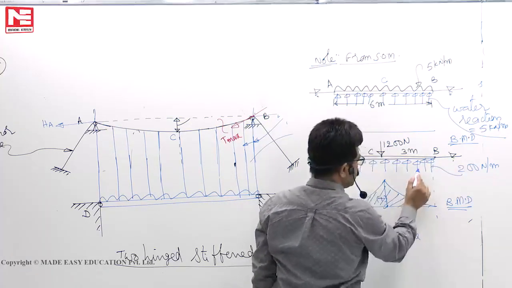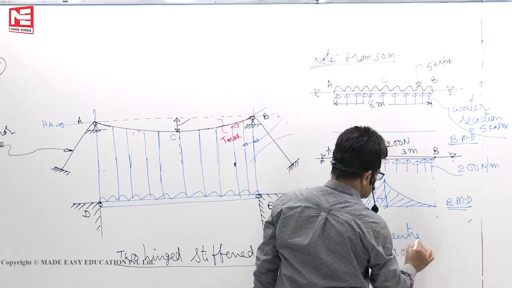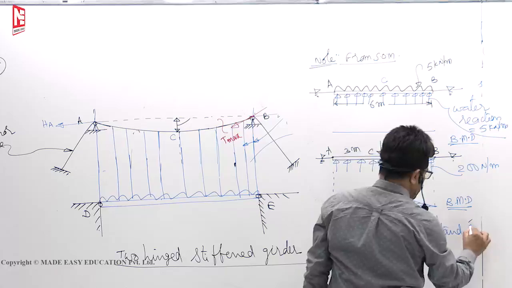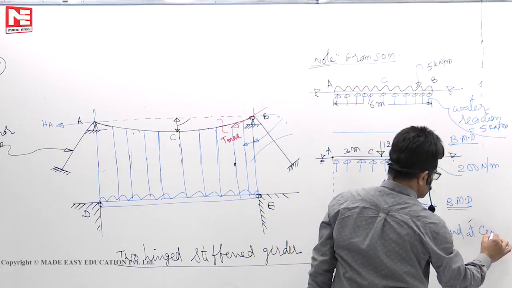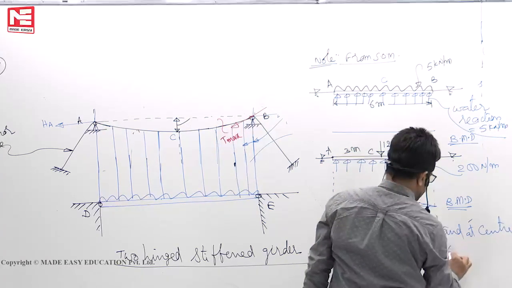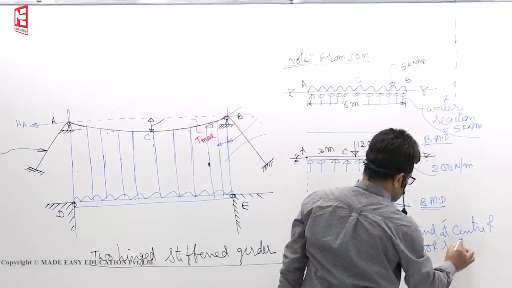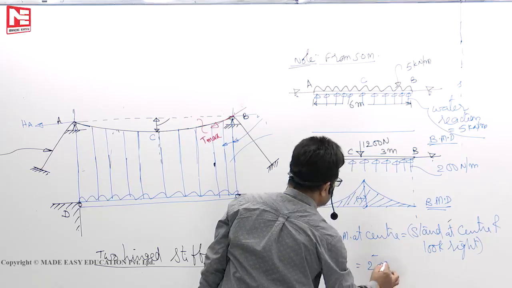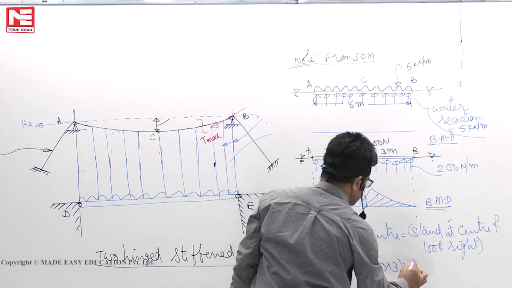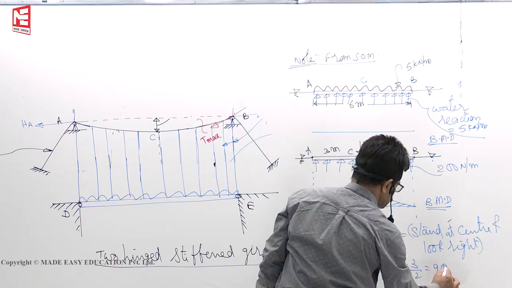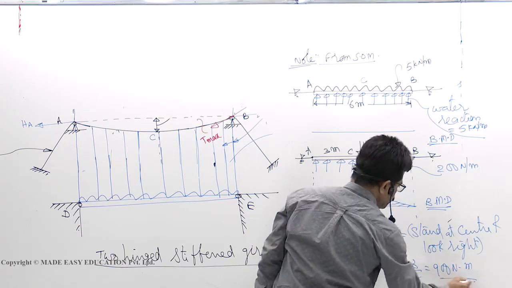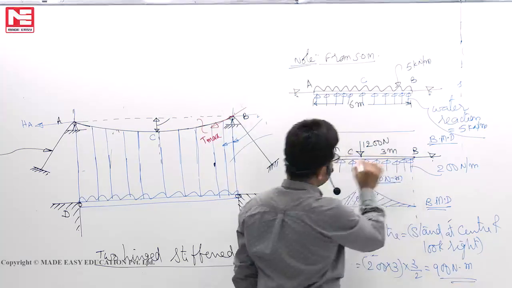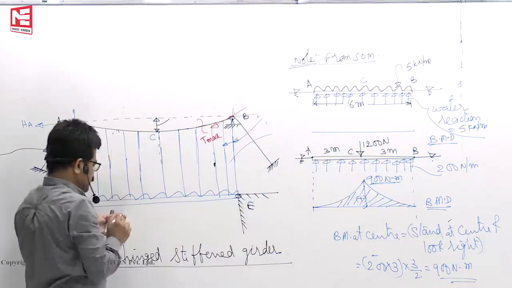Stand at the center and look right. So you will get 200 into 3 into 3 by 2, which is 900 Newton meters. This you have studied. Same thing you attach it here.